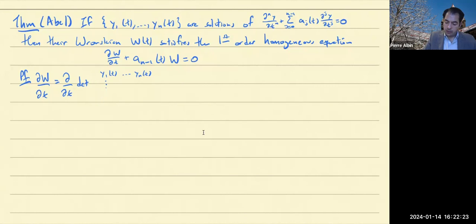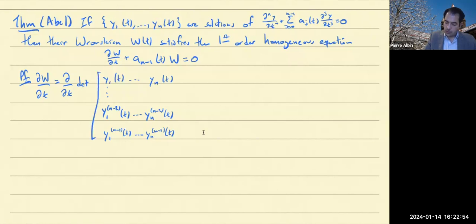Let me give myself more space. The next to last row would be the n minus 2 derivatives of y1 up to yn. And then the last row would have n minus 1 derivatives. Okay, so that's the matrix, and we're taking the determinant. And then we're taking the derivative.